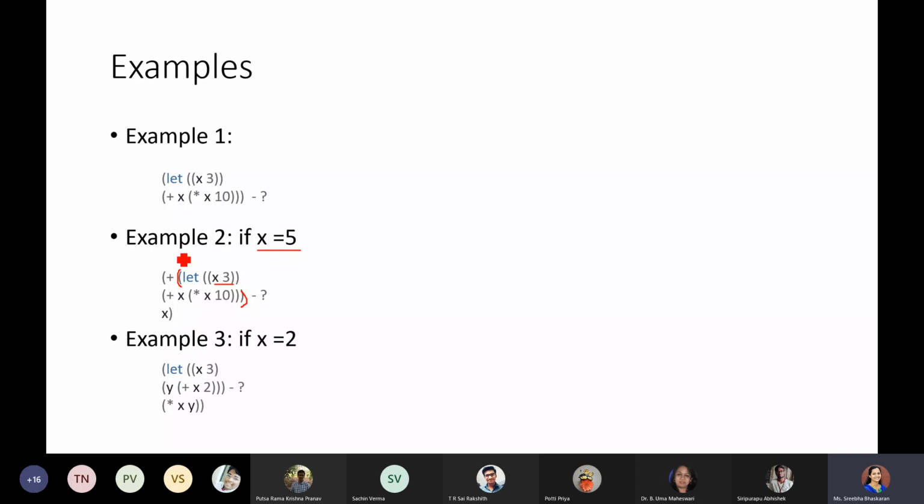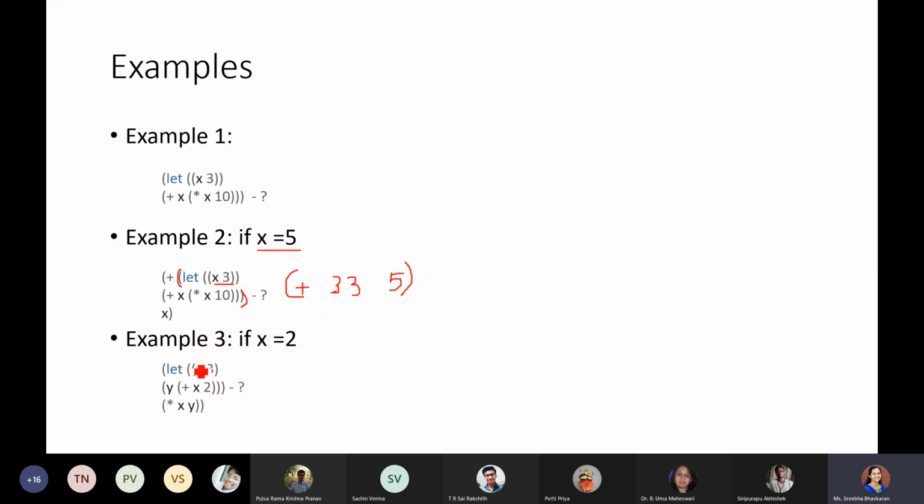It will access the global variable, so the value for this x will be 5. So you have the expression 33, which you got from the let part by replacing x with 3, plus, outside the let, the global x, which is 5. So your output will be 38 for example 2.